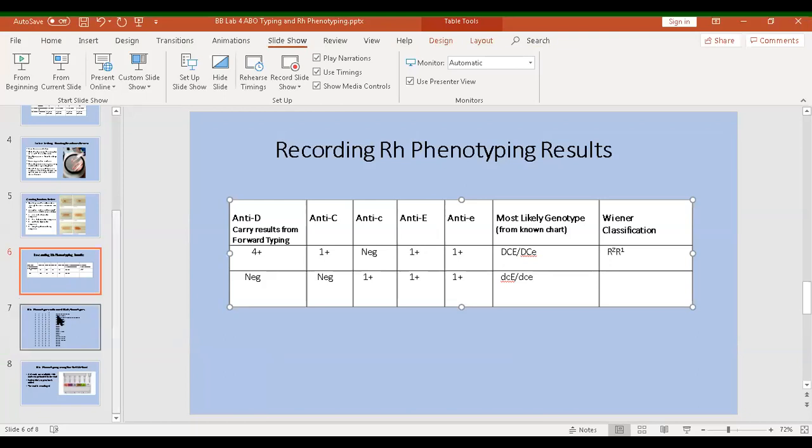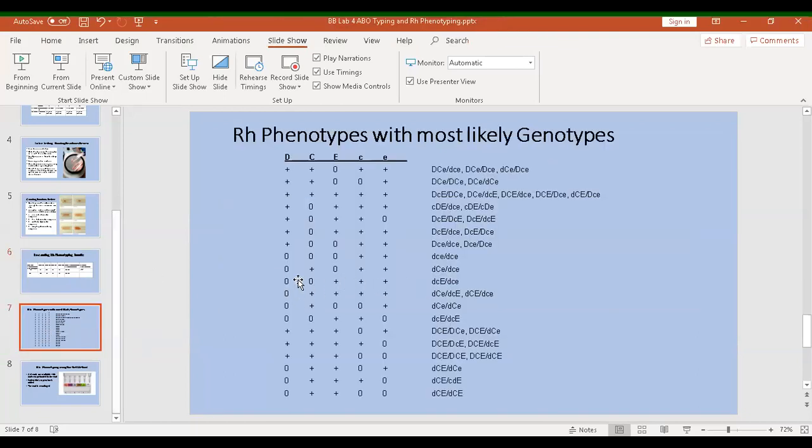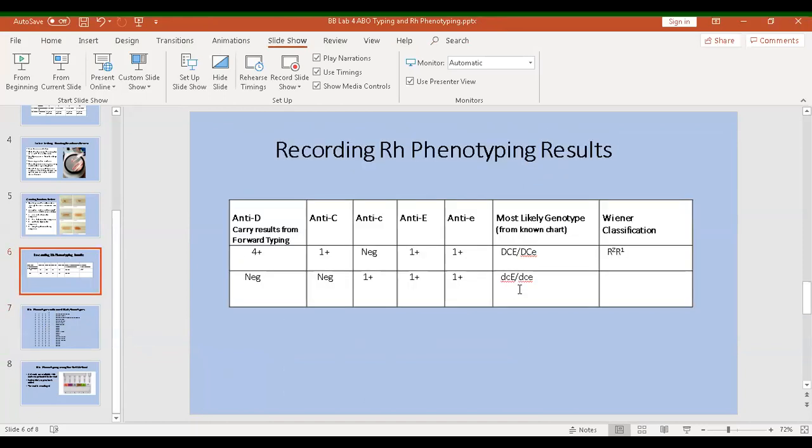Let me just go back and check to make sure. Yeah, little d, little c, big E, and little d, little c, little e. I think I'm right. Yes. So how are we going to convert this to Wiener?